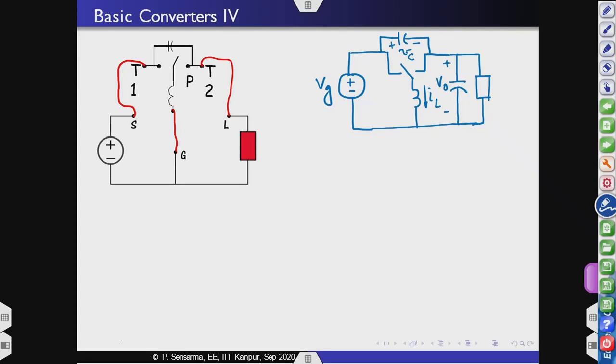So, this is the extra new element that we get in the circuit. Otherwise, it has a very eerie kind of a similarity with the structure of the buck boost.